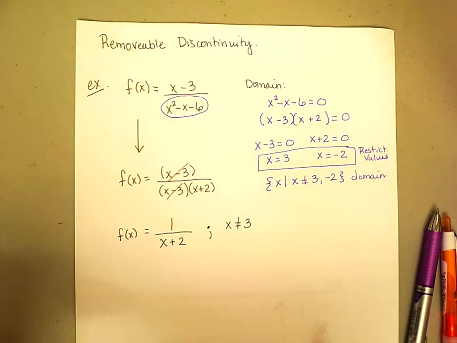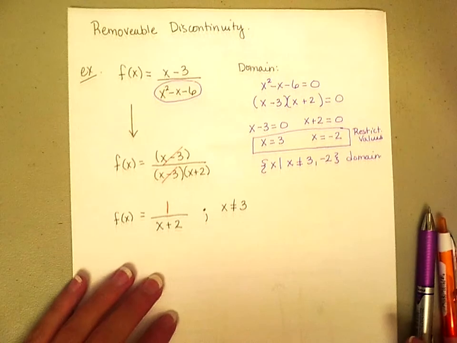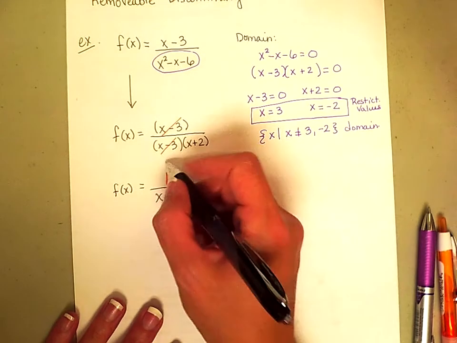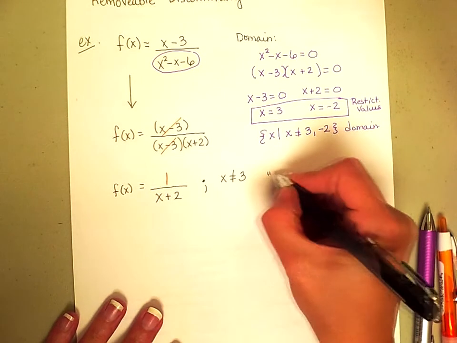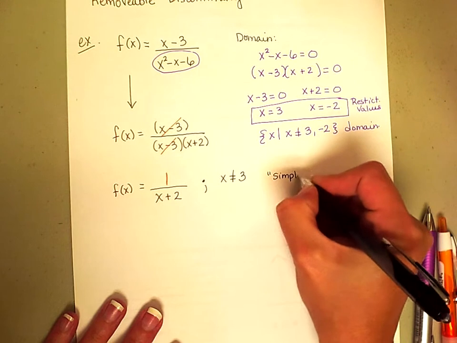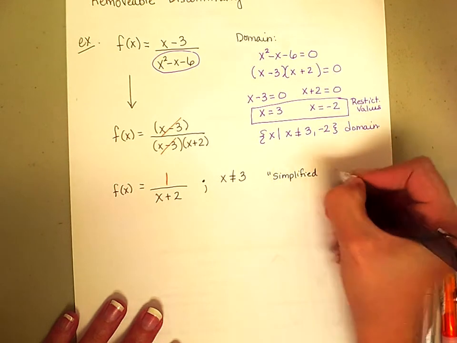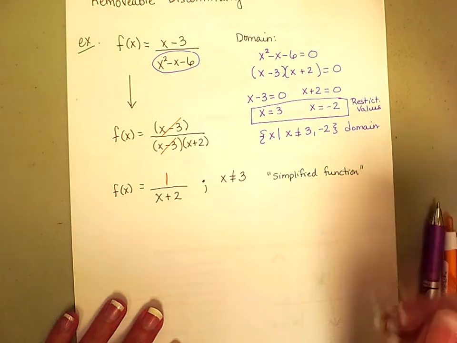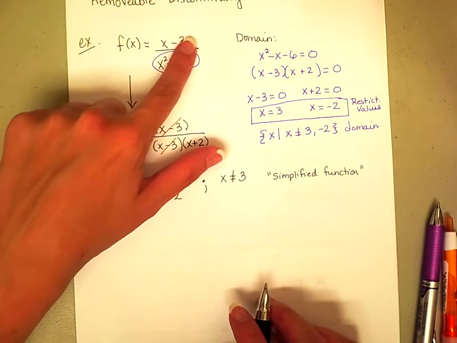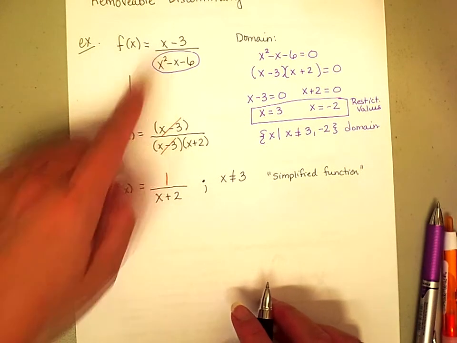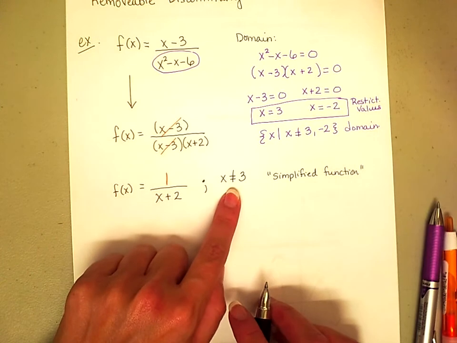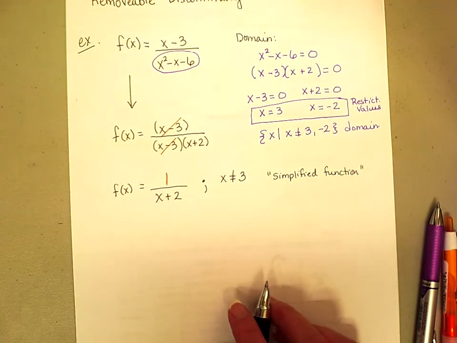And this is really helpful for us, because this resulting function, I call it a simplified function. That's a terminology I use. So our larger function is actually going to act just like this function, except at this value. And why is that helpful?